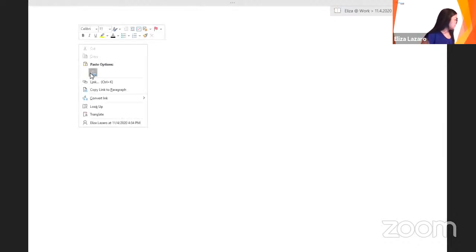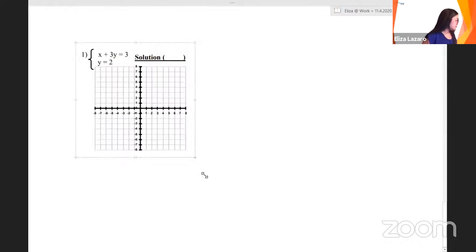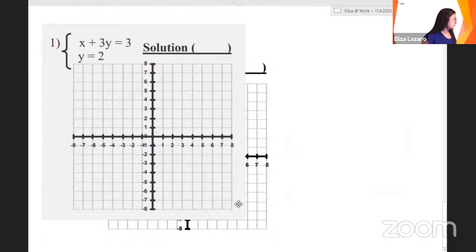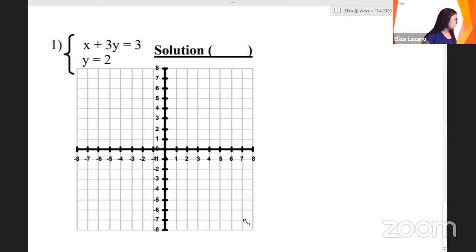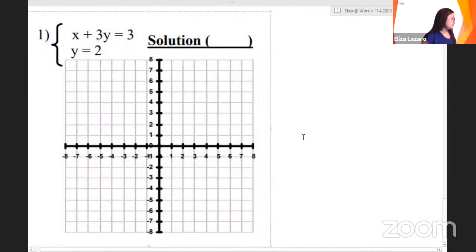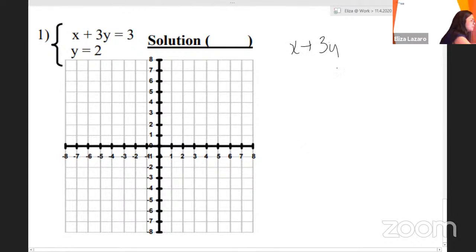I'm going to paste one of the problems. And we'll just keep working through these. Hopefully that's big enough to see. Okay, so we're given x plus 3y equals 3. I know we kind of worked through how to get these into slope-intercept form before.